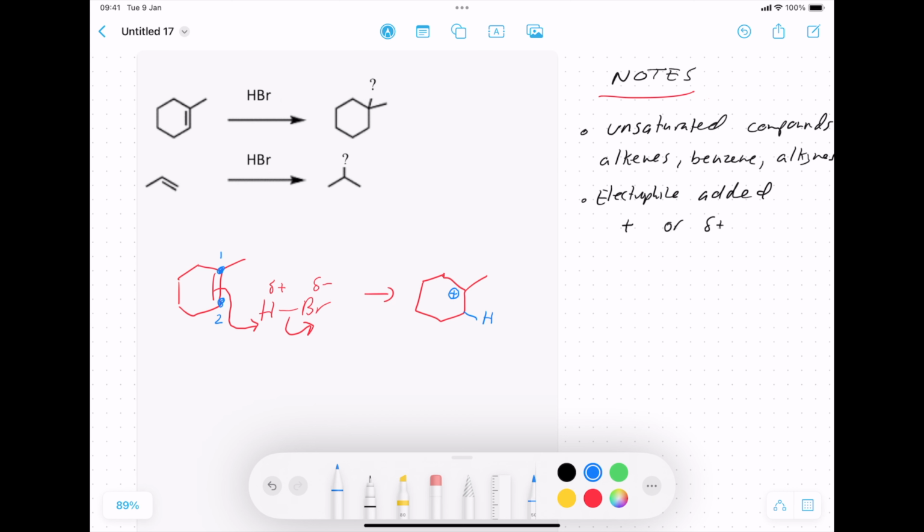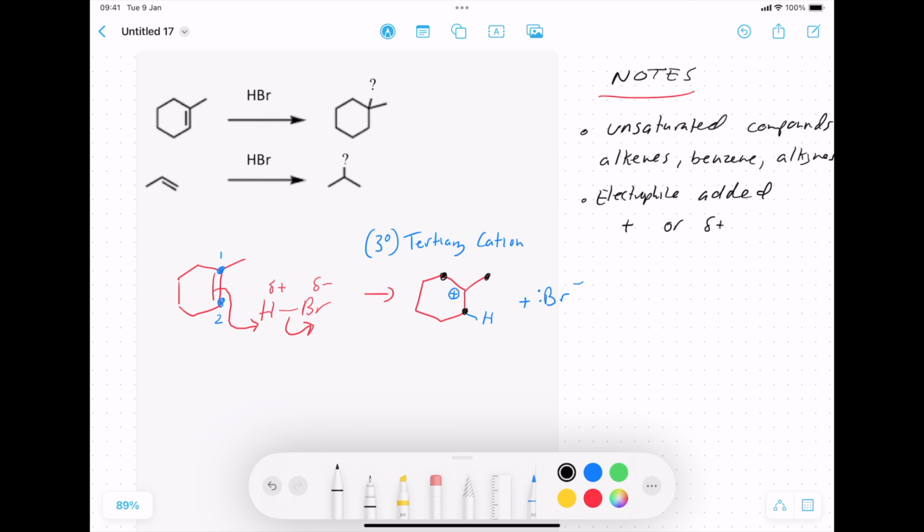Now, why is this? So the reason why is because what we have generated here is a tertiary carbocation denoted by a 3-degree symbol. And tertiary cations are more stable than secondary cations, which are more stable than primary cations, because that positive charge is surrounded by 3 carbons, 1, 2, 3, which offer an electron donating effect to stabilize the positive charge.